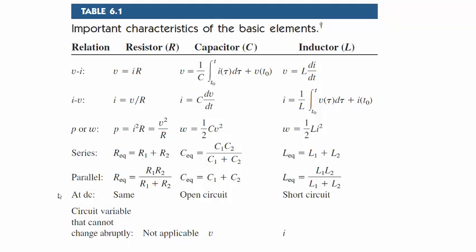What happens at DC? Nothing for a resistor. That's what we've been doing all along, DC with resistors. A capacitor will be an open circuit, and an inductor will be a short circuit. The circuit variable that cannot change abruptly, in a capacitor it's voltage, and in an inductor it's current. So, a nice, useful summary chart.